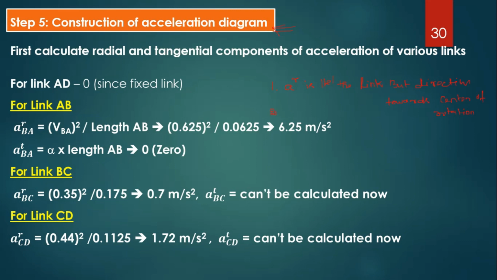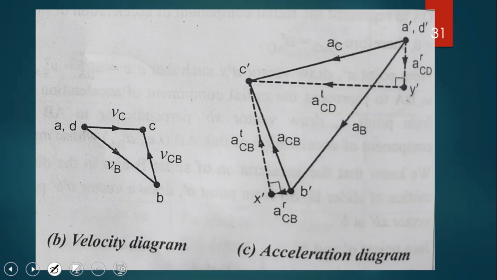The second is that the tangential component of acceleration is perpendicular to the corresponding link. We should remember these 2 points before we start to draw the acceleration diagram. The values are already here. First we have to discuss how to draw the acceleration diagram. This is the velocity diagram, which we already know.